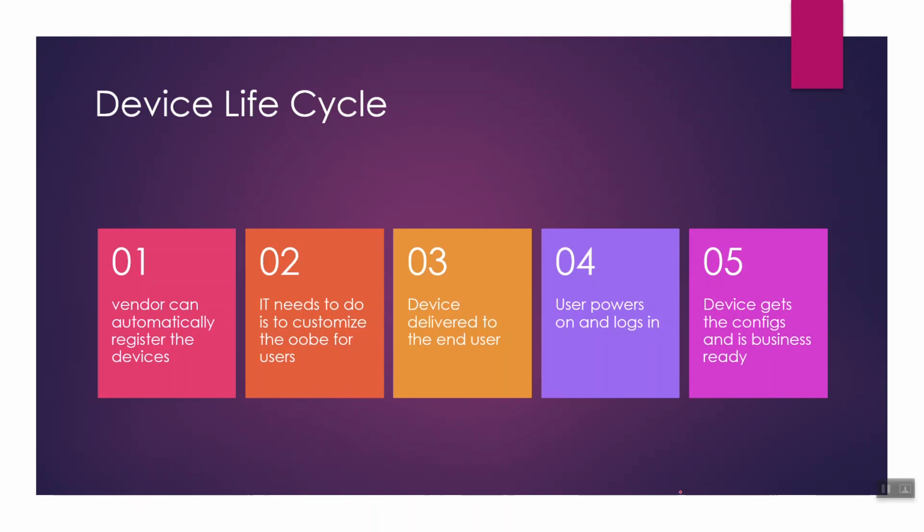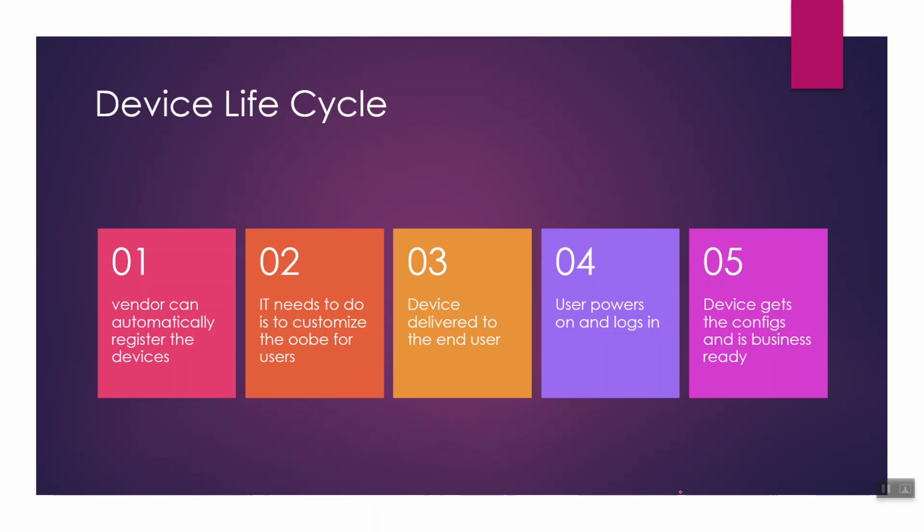Now let's just talk about the life cycle flow, as in the life cycle flow of a device, not of Autopilot, of a device. So the device lifecycle flow is something like this. The vendor, as I said, can automatically register the device, or the IT can get that CSV file and register it.